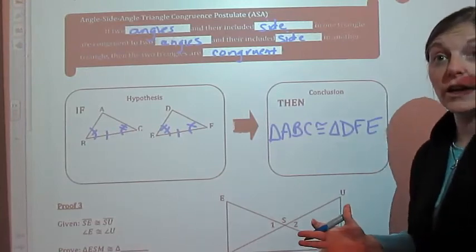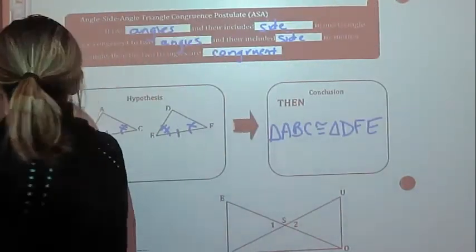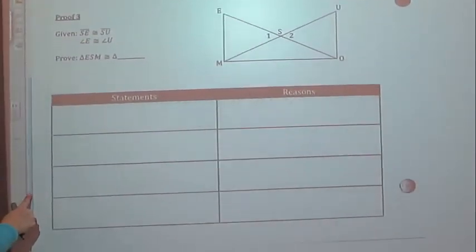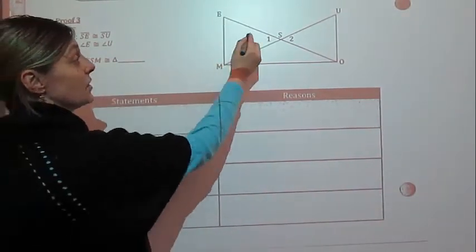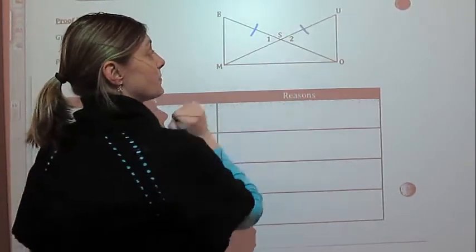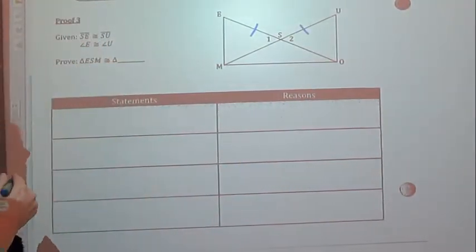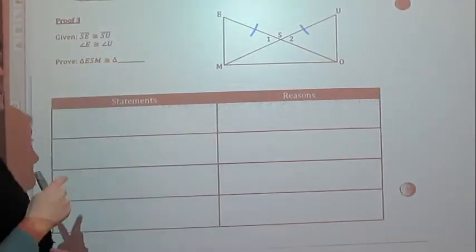All right, so let's take a look at a proof. So given SE is congruent to SU, we're going to write that statement in here.